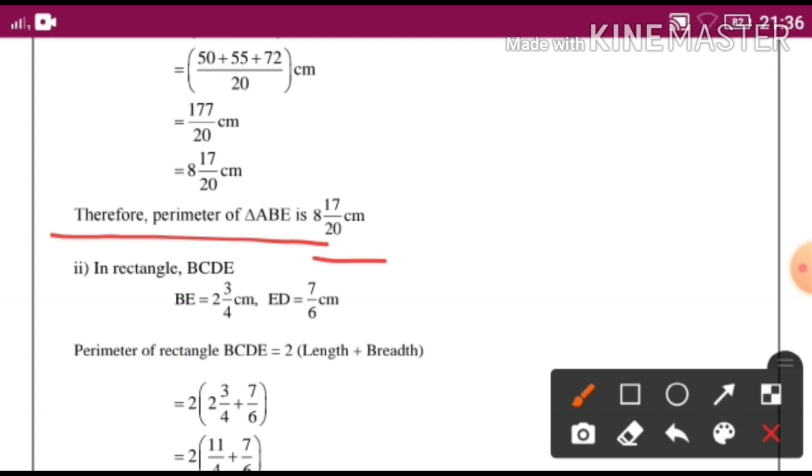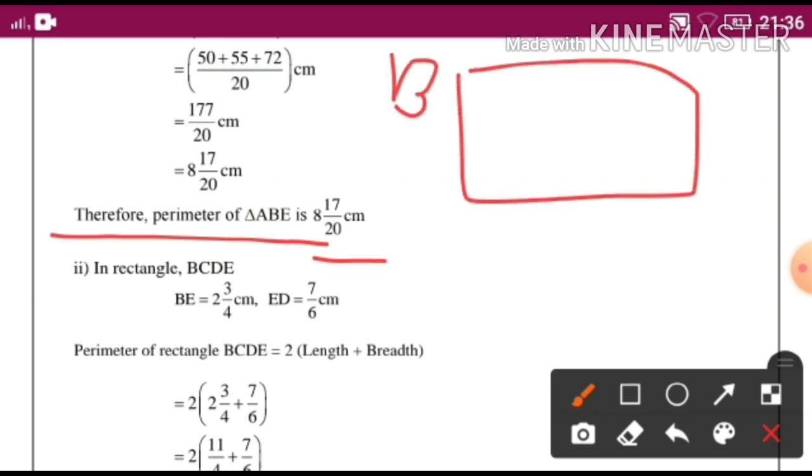Now let us find the perimeter of BCDE. This was a rectangle, so let us find out the perimeter of this rectangle.